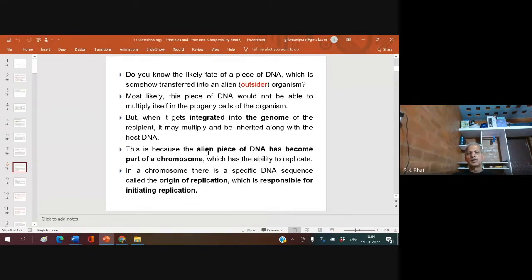This is because the alien piece of DNA has become part of a chromosome which has the ability to replicate. Understood? Is it clear? In a chromosome, there is a specific DNA sequence called origin of replication, ORI, which is responsible for initiating replication. I request you to recall the semi-conservative method of replication. Replication of the DNA results in a duplication of the chromosome.